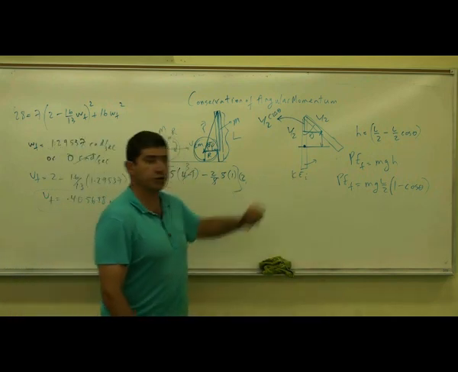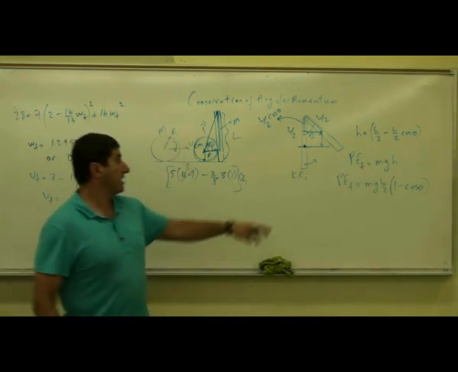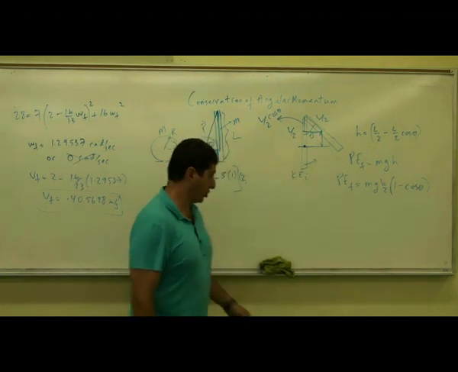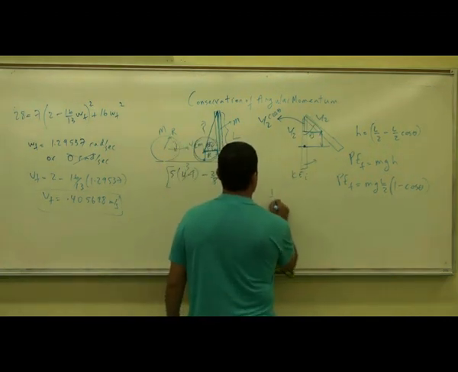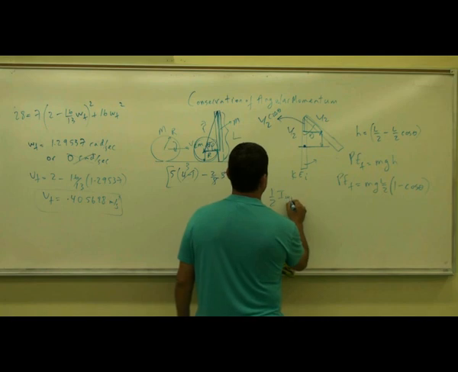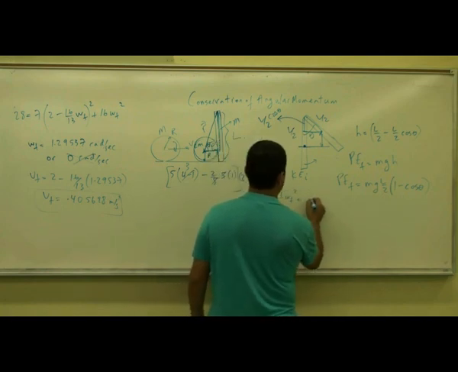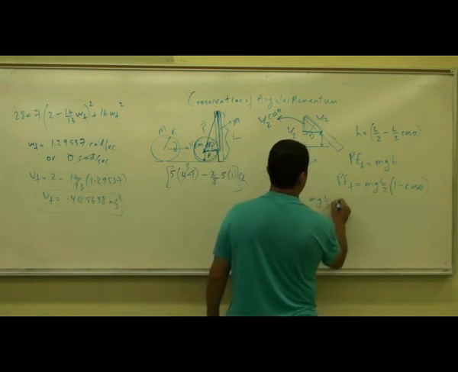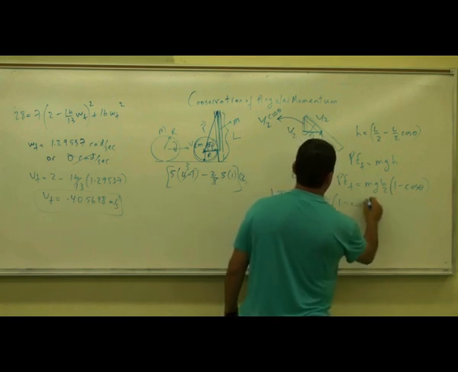You set that equal to the original kinetic energy if we assume that the pivot point has no friction. So initial kinetic energy is half I omega final squared, right? That's equal to mg L over 2, 1 minus cosine theta.